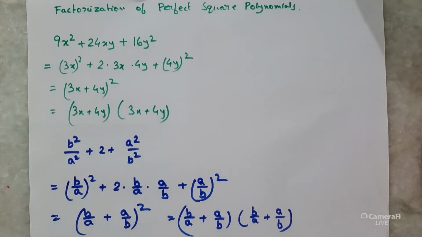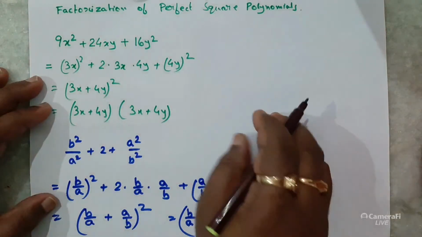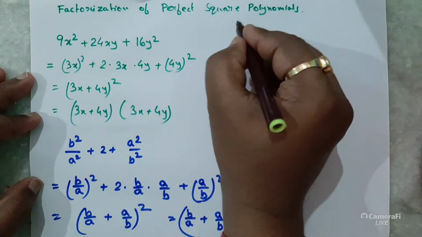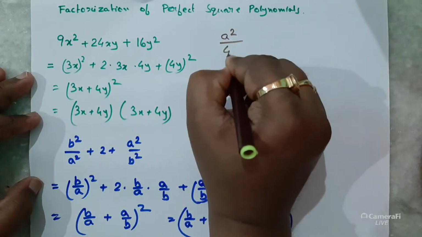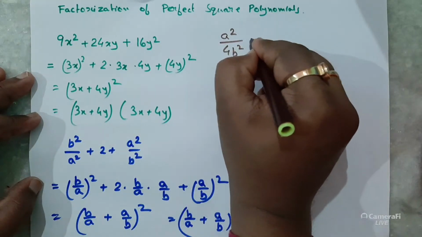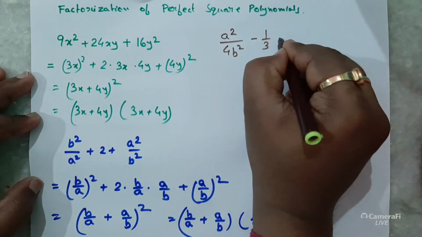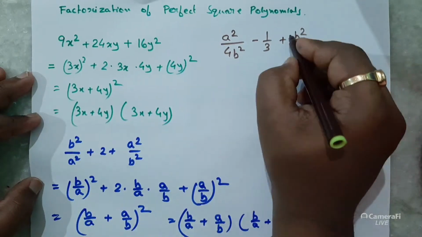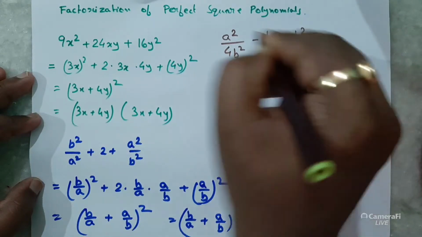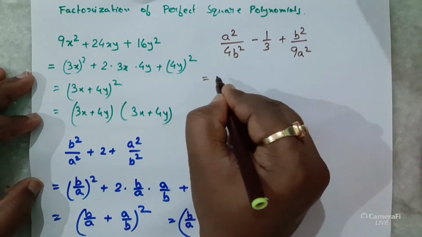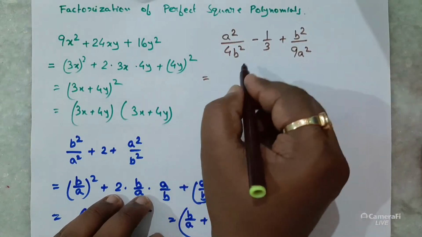Now next in this category, let's see some more tough thing. Another question is a square by 4b square minus 1 by 3 plus b square by 9a square. Now to solve this, what will we do?